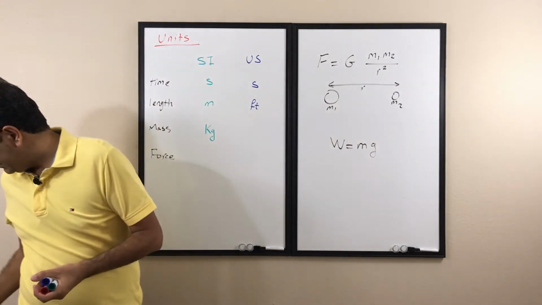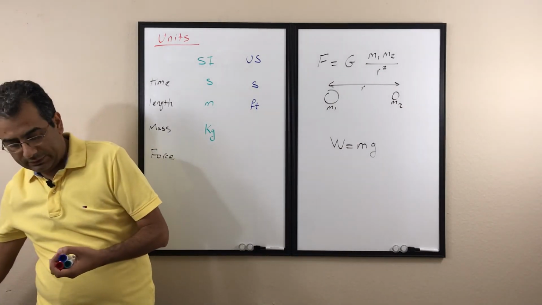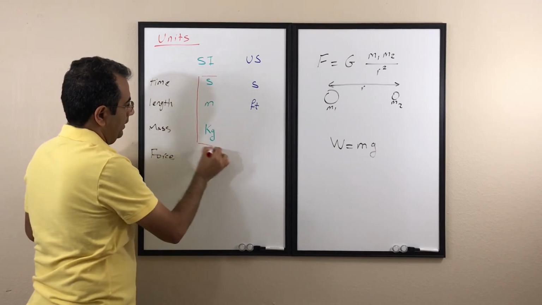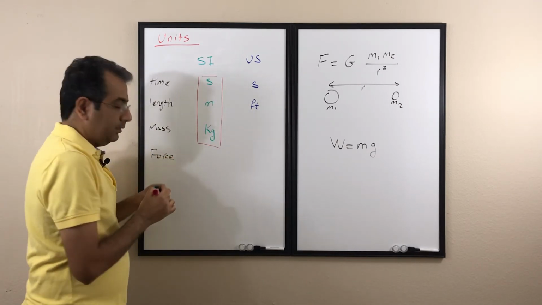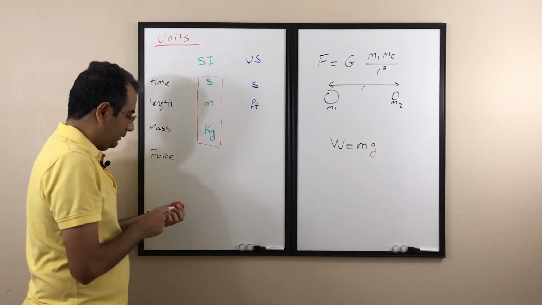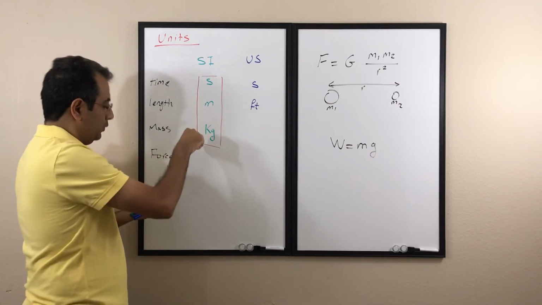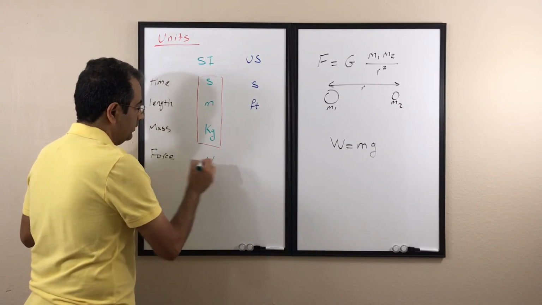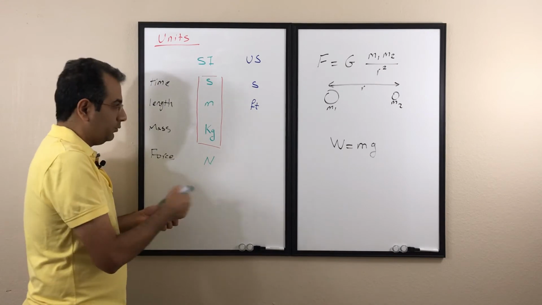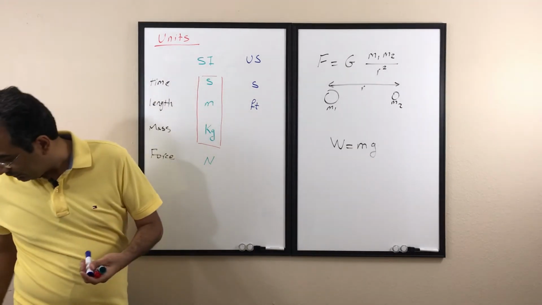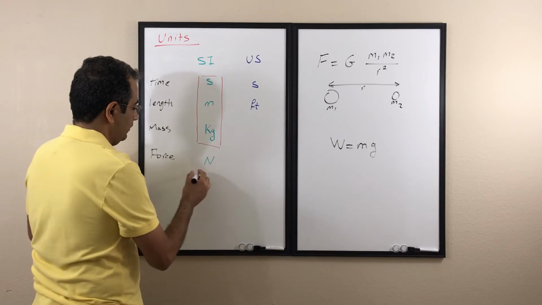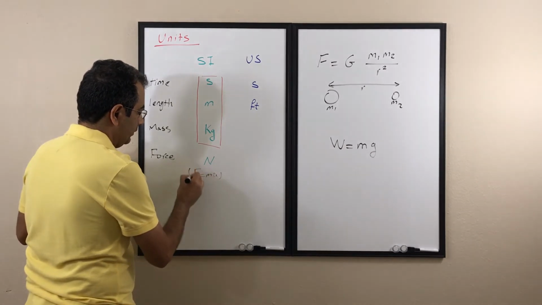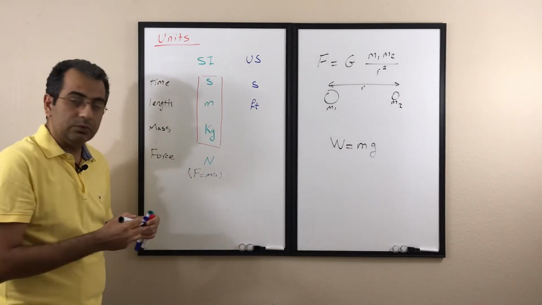So in the SI system we consider these three as independent, and then we calculate the force from those three. The force in SI is the Newton, and we get that Newton from that famous equation, F equals ma.